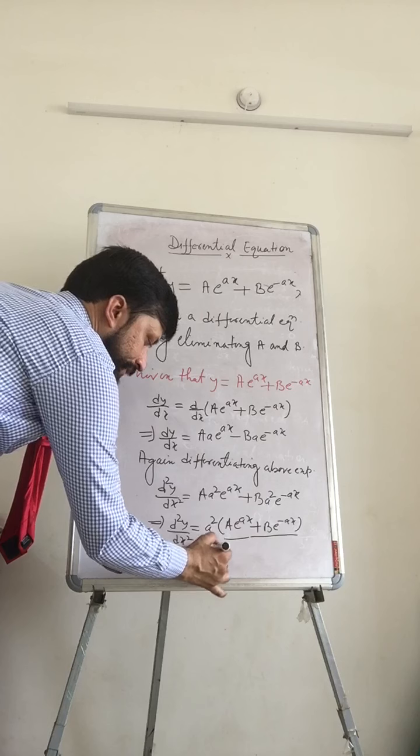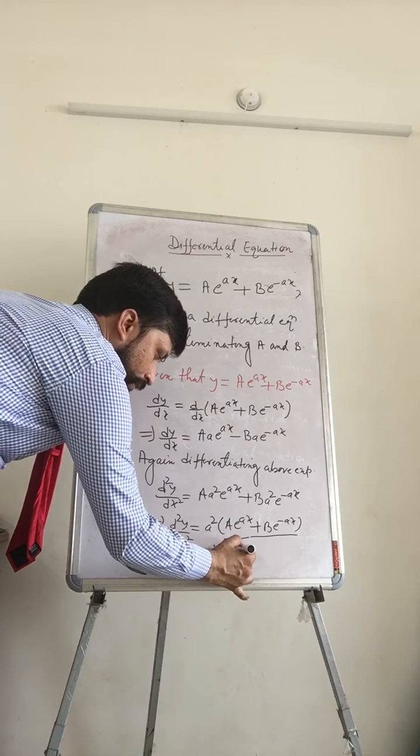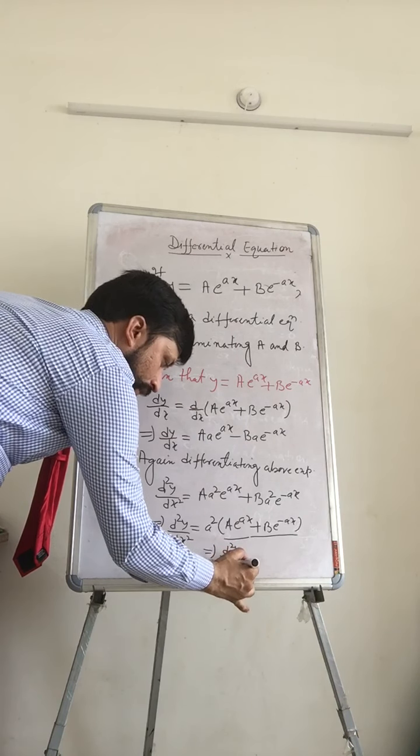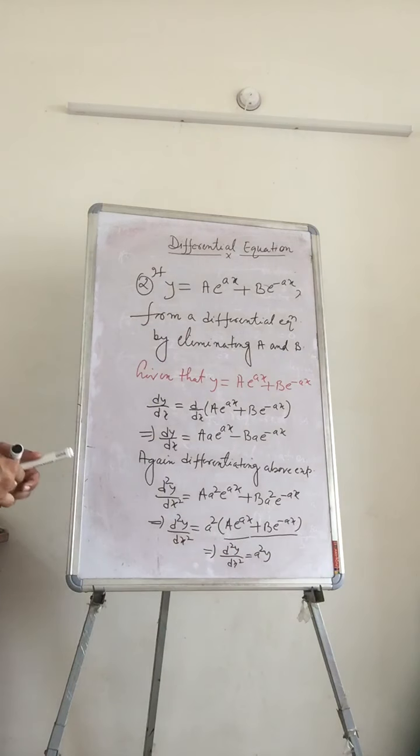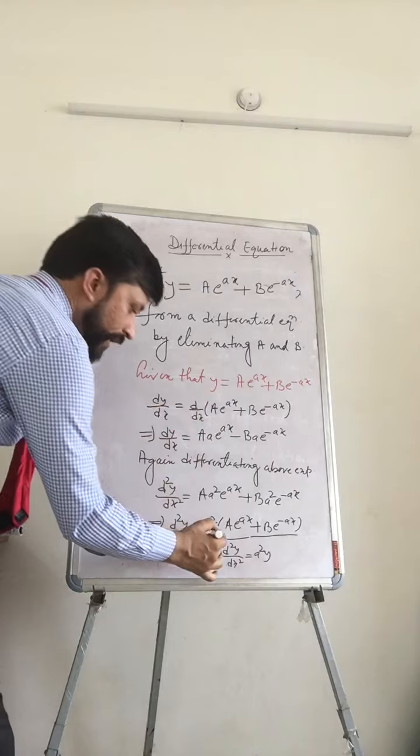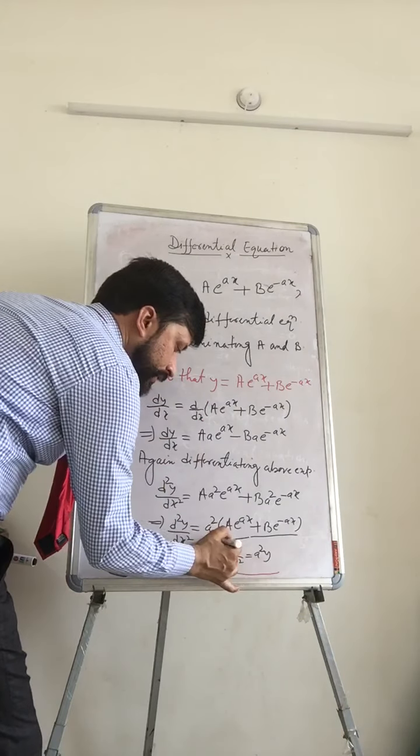Finally we are getting d square y by dx square equal to a square into y. So this is your required differential equation. So the required differential equation is this.